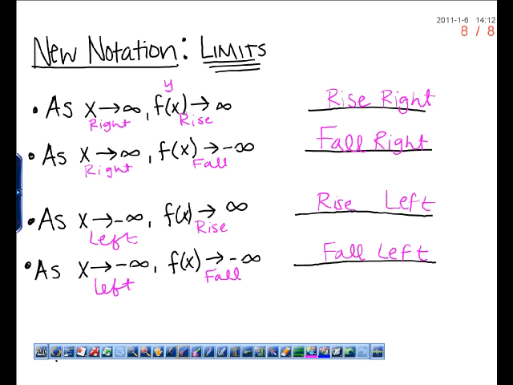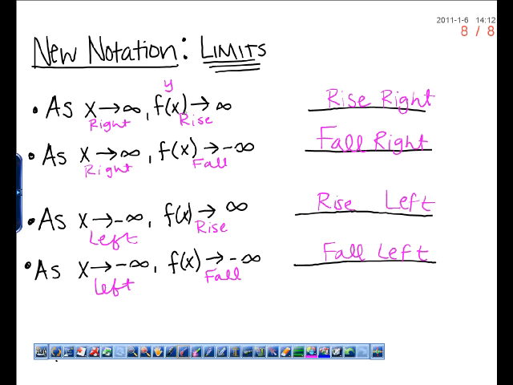What questions do you have? Would you write rise right all along, or would you just write as? For some of your homework, you're just going to have to say rise right, fall left, or whatever. And then another part of your homework is going to say using limit notation, describe the end behavior.